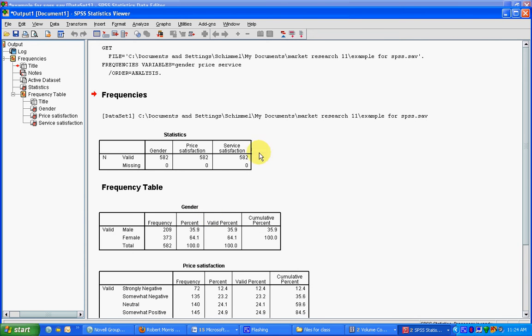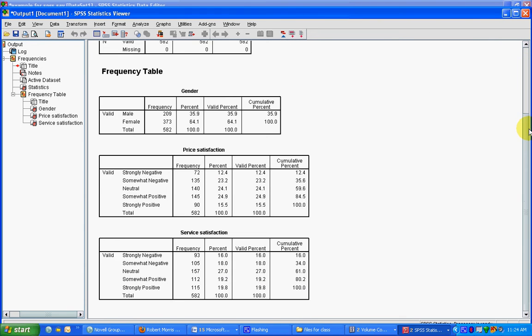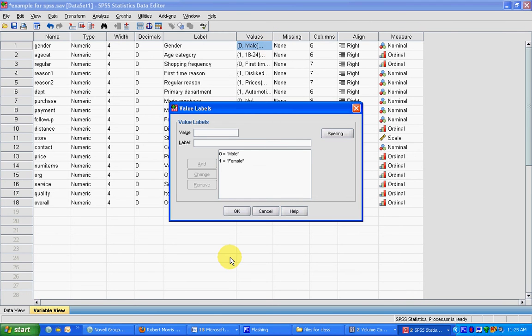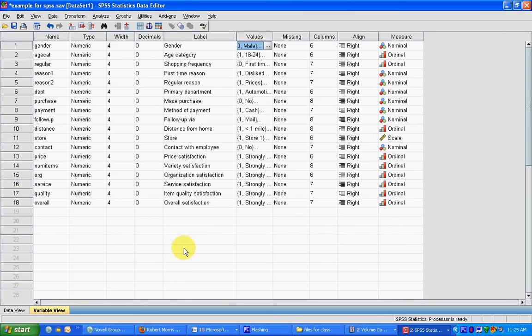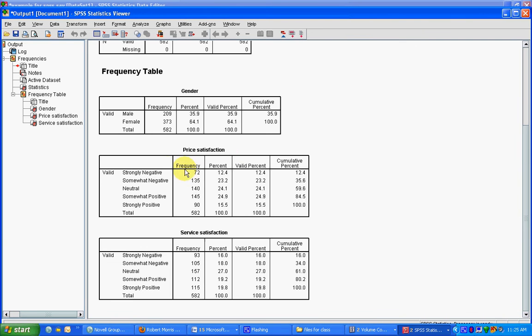And what we get is a table for each of them that has the variable label here, not the name but the label, and based on the values that are placed here, it has already labeled my output, and it tells me how many in each category.